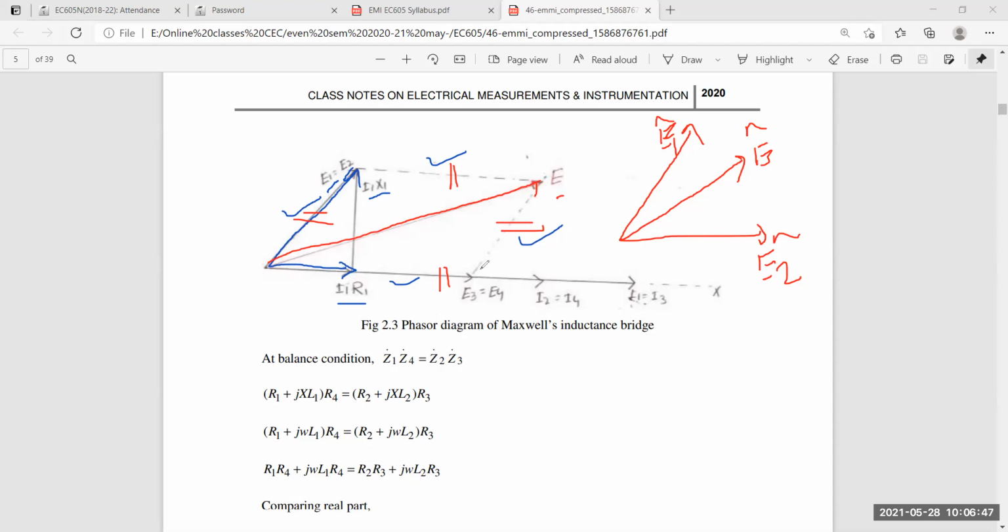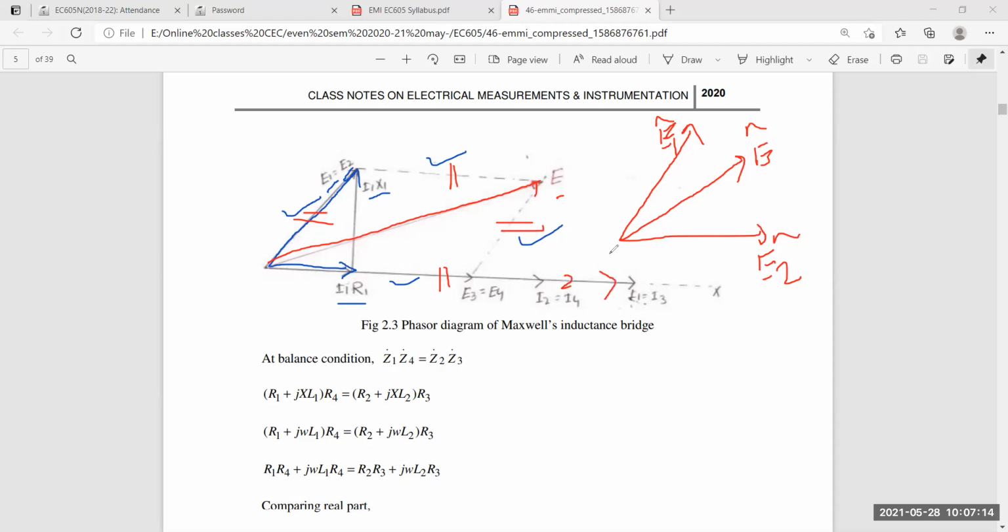And I told you that E1 equal to E2 and again here E3 equal to E4. With respective E3, what is flowing? Obviously, I3 is flowing. Again in E4, what is flowing?